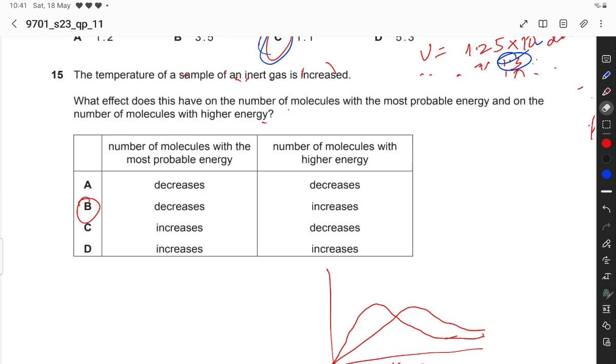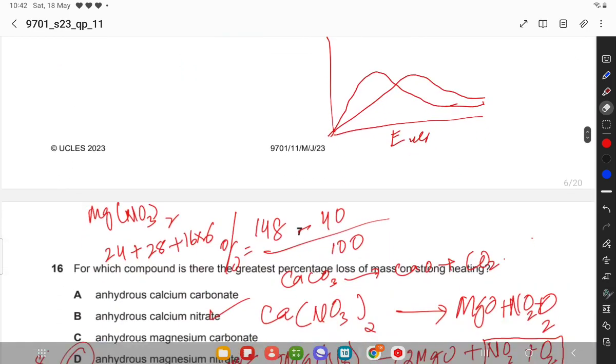For an inert gas when temperature is increased, the number of molecules with the most probable energy is decreased, while the number of molecules with high energy is increased. So option B is the correct option.